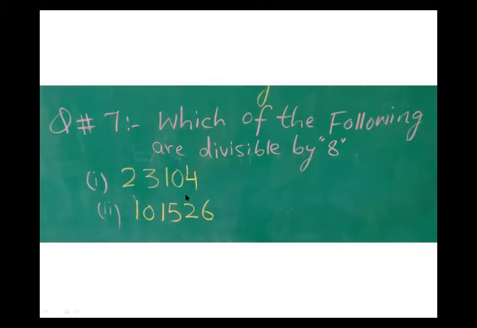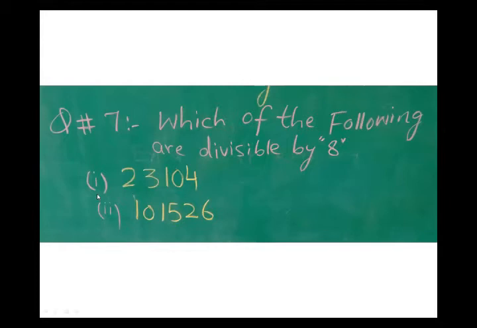Here you see the number 104. If 104 is divisible by 8, then we say that the number 23,104 is also divisible by 8. So all of you check whether 104 is divisible by 8 or not. Quickly, students.